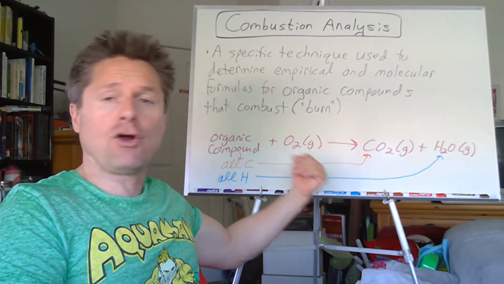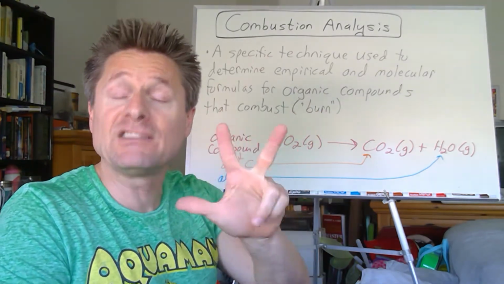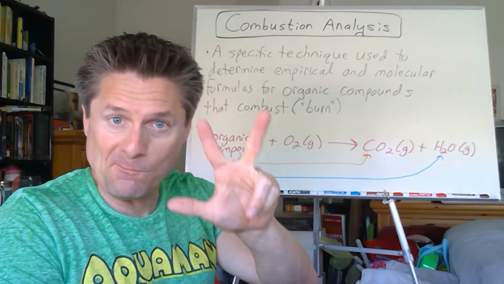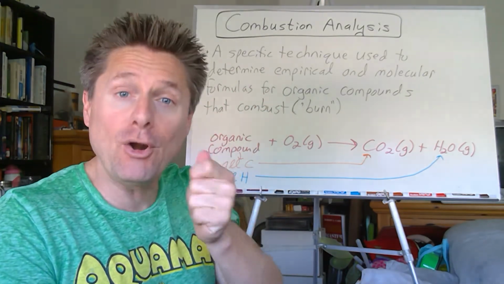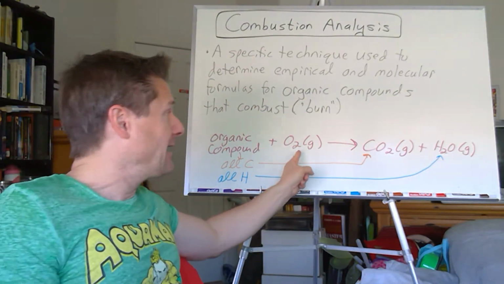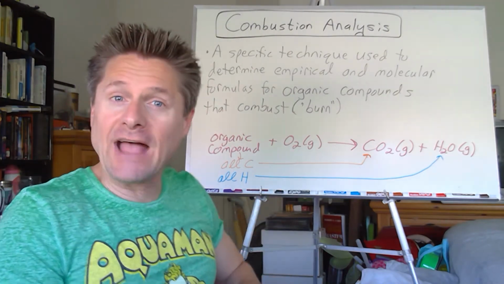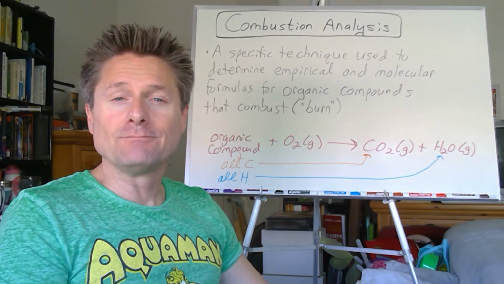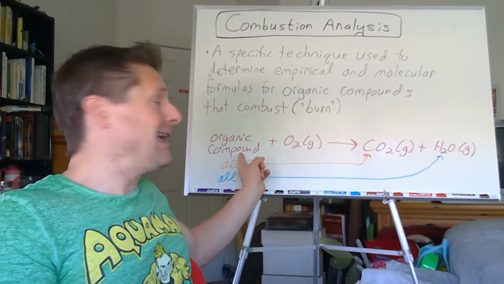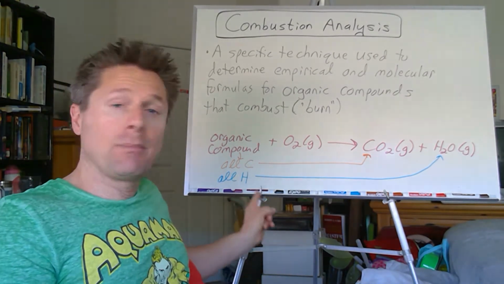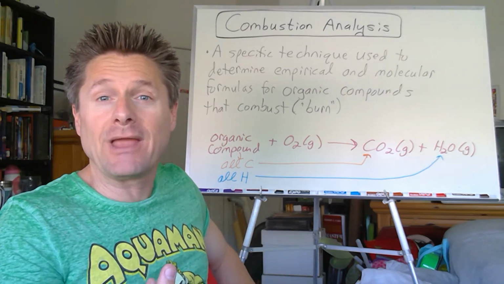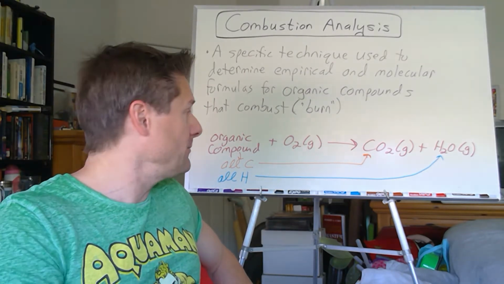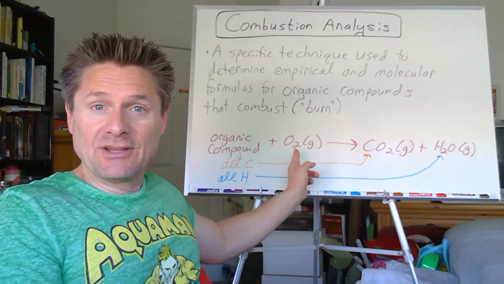I'm going to limit it to carbon and hydrogen compounds, possibly with oxygen typically. When you burn something, you are reacting it with oxygen gas, and you can get it straight out of the air. Not a big deal. So we'll take some organic compound, which contains carbon and hydrogen and possibly an extra element, usually oxygen, and burn it in oxygen.